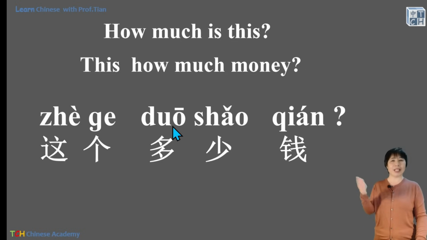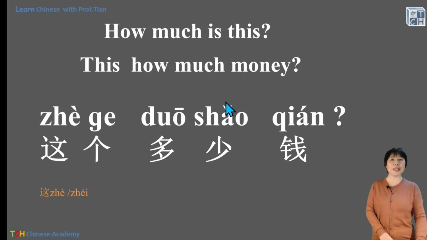Simply just say how much money. So 多少钱? You're pointing at something. 多少钱? So 这个 sometimes in colloquial Chinese, the pronunciation is sometimes like 这个, it's the same.